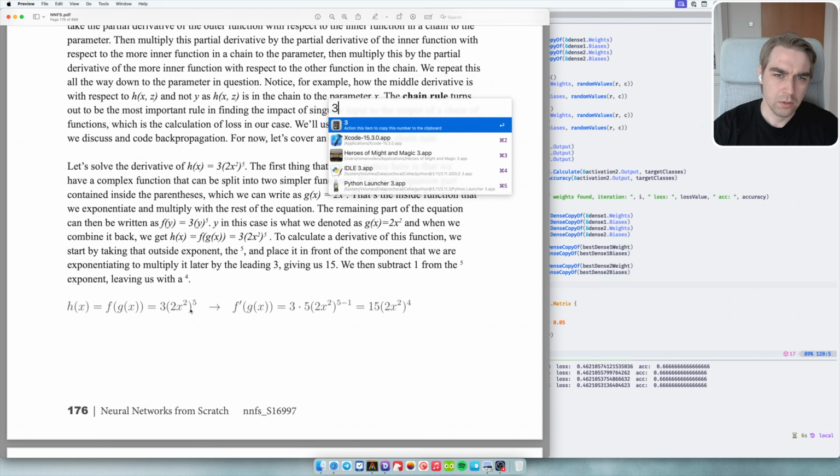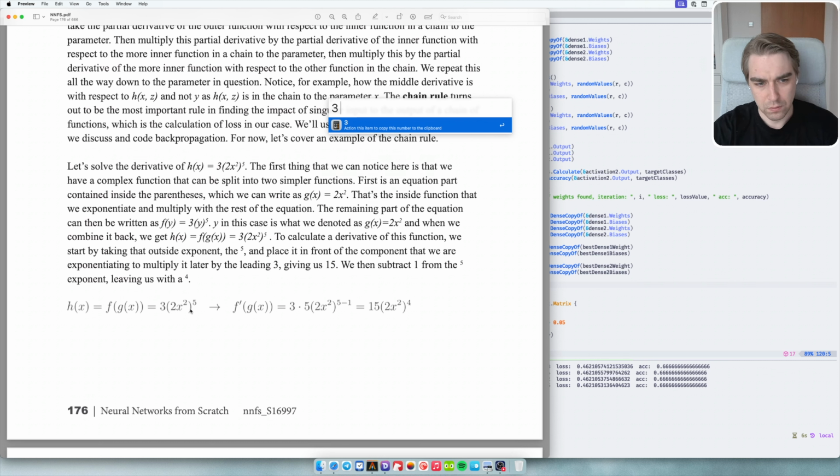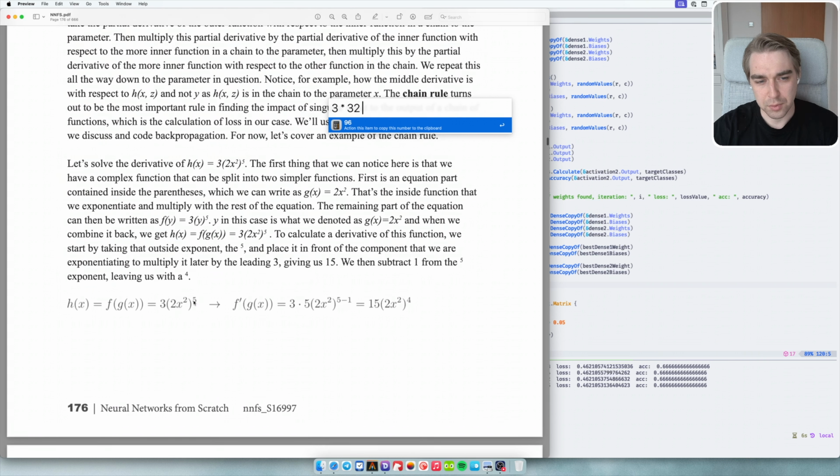Bit 3, right? Multiplied by 32. And here we'll have x to the power of 2 multiplied by 10 minus 1, it will be 96.